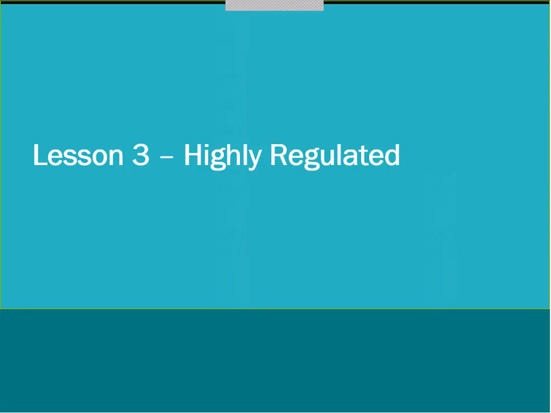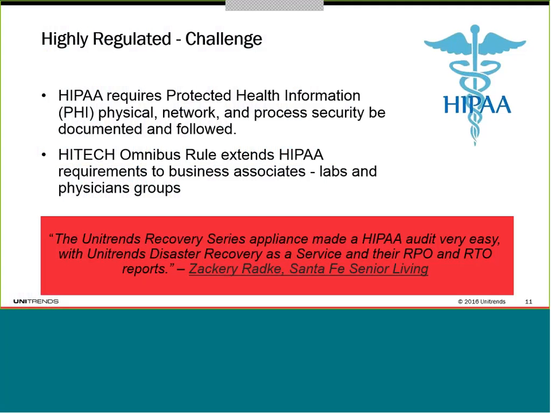Lesson number 3, healthcare industries are really facing a lot of regulations both at the state and the federal level. And so let's go through that a little bit. So clearly the number one set of regulations that you have to deal with is HIPAA, or what's called the Health Insurance Portability and Accountability Act.